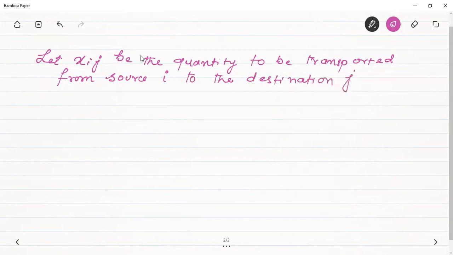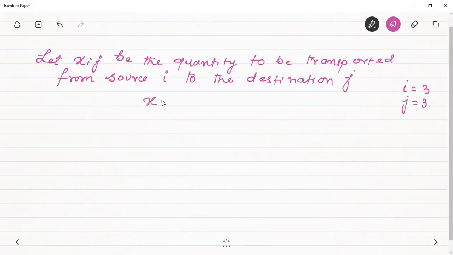In my problem currently, i can have the values from 1 to 3 because I have 3 sources, and j can have the values from 1 to 3 because I have 3 destinations. It will be a variable. So xij is the quantity to be transported from source i to destination j.